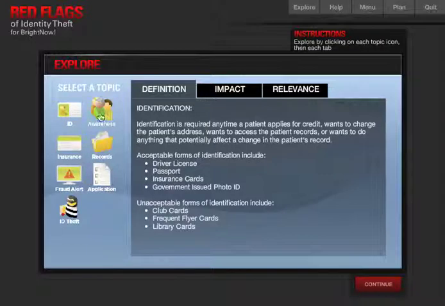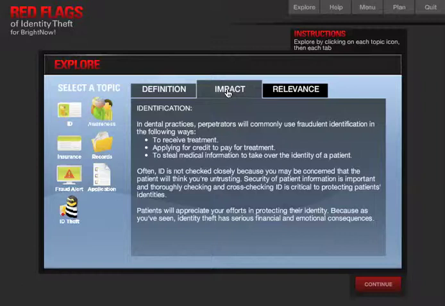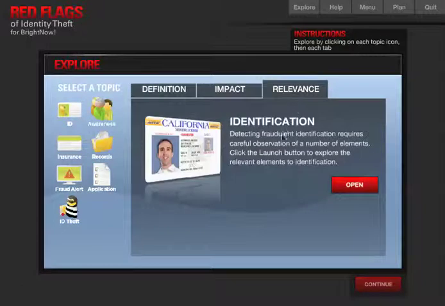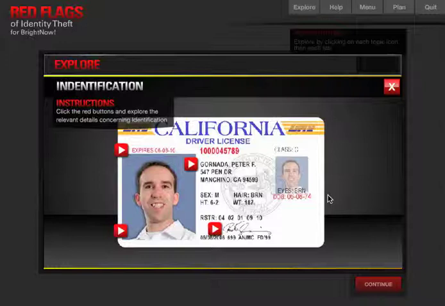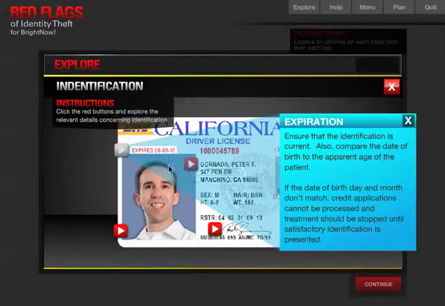This is done by selecting the component and reviewing the definition, impact, and relevance of that component. Inside relevance, the learner can do a deeper dive and explore the key components that are important to understand in order to avoid identity theft.